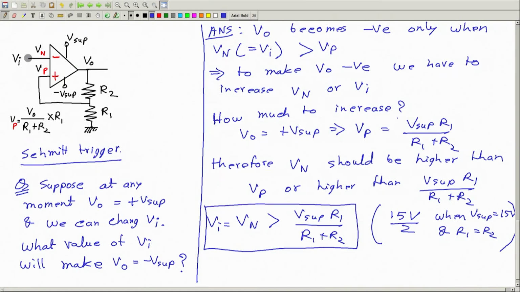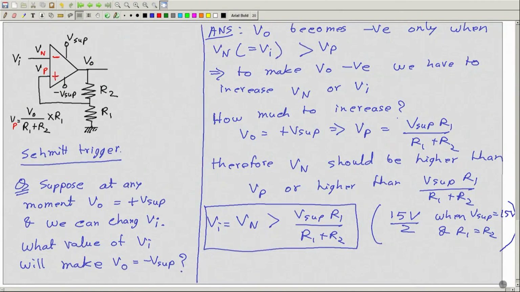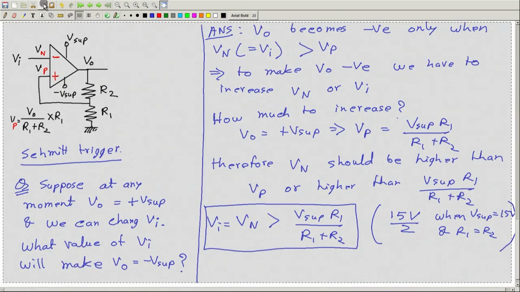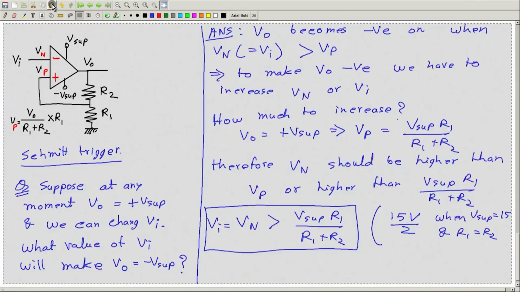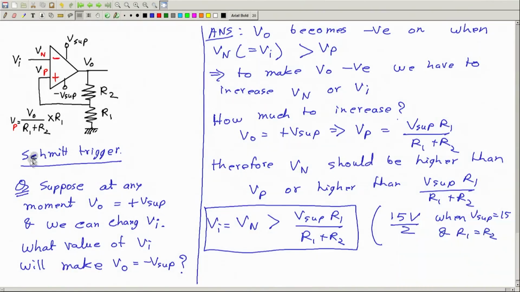Okay. Now similarly you can ask the same question, that if at any moment output is negative, how can I make it positive? Okay. So let me ask the completely opposite question. So now let me ask the completely opposite question, that suppose at any moment VO is negative, okay, and we can change VI, and what value of VI will make VO positive.